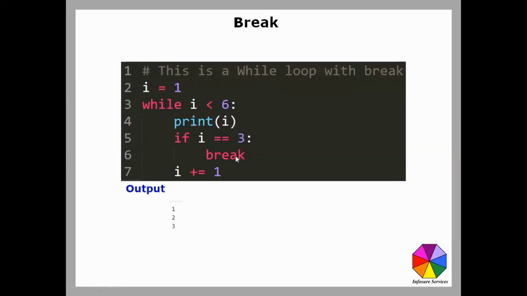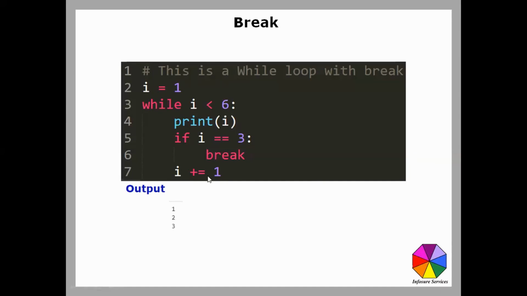and a break. So that means it prints 1, 2, 3, and then I evaluate a condition. When i is equal to 3, break will come out of the while loop. If i is not equal to 3, the first time i is 1, it will just pass through this whole condition, evaluate that it is not equal to 3 and go to line 7, i equal to i plus 1.